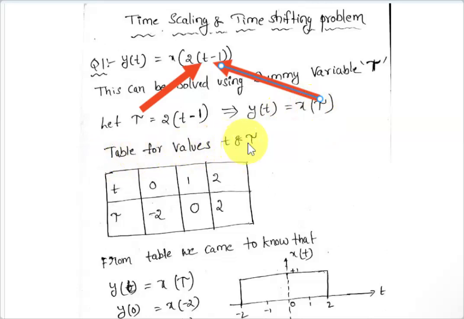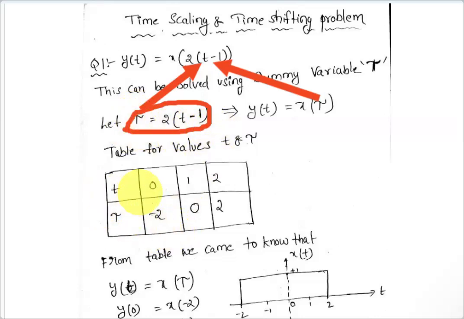Table for values of t and tau. This table can be used to derive the values of t and tau. Let us assume t values 0, 1, 2. Then tau values can be found using the relation tau equal to 2t minus 1.